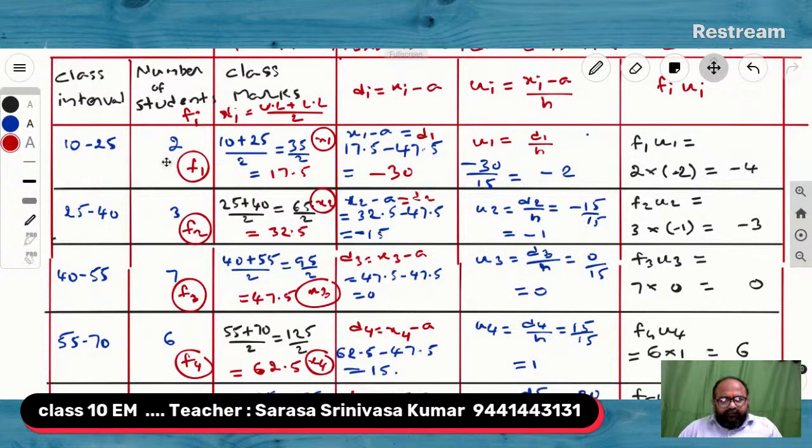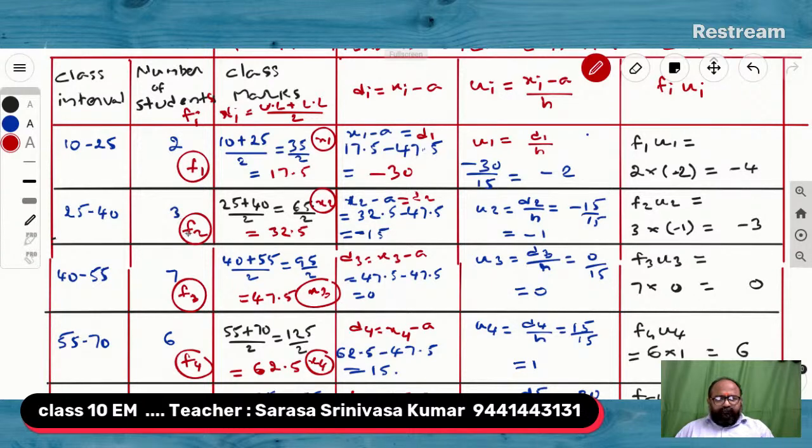Now let us note down the class intervals. Class interval 10 to 25, number of students is 2. Class interval 25 to 40, number of students 3.